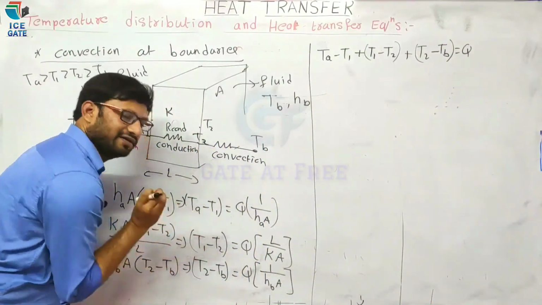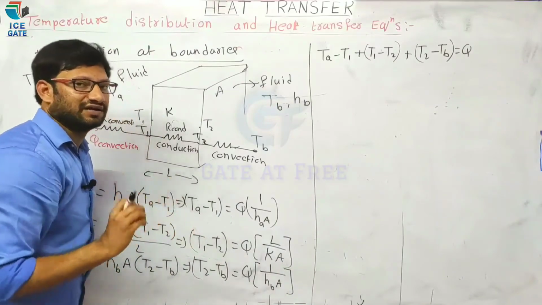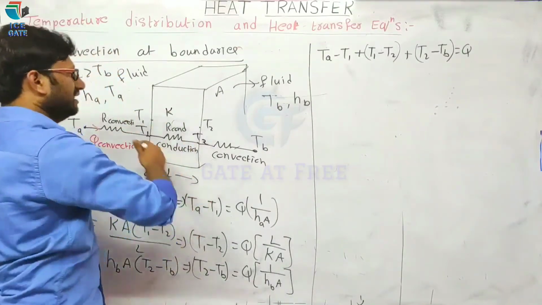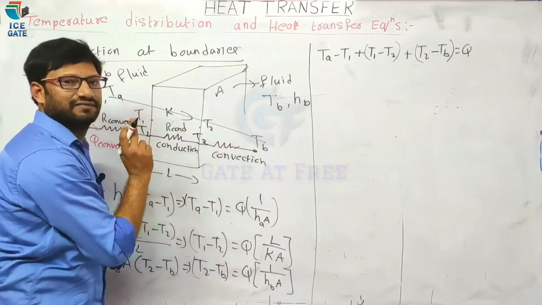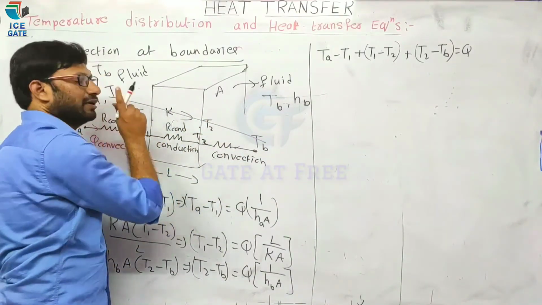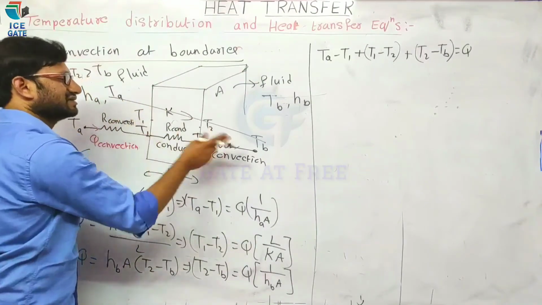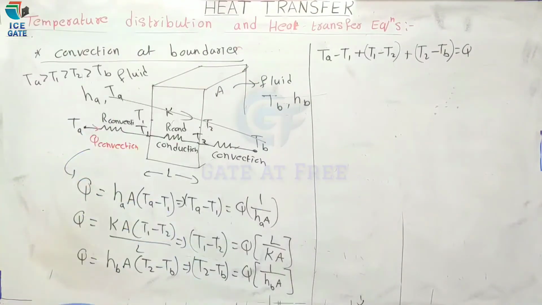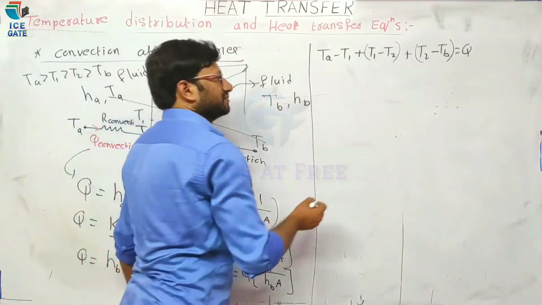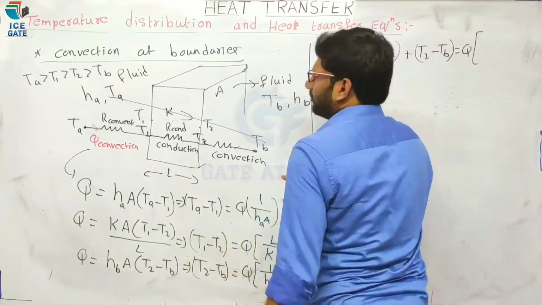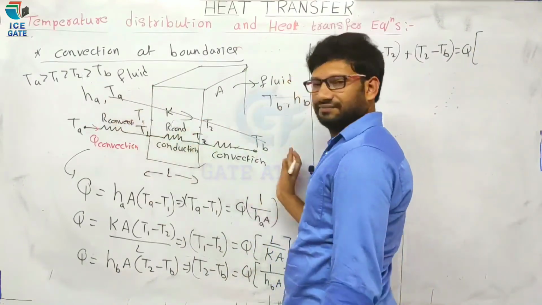What is meant by Q here? The rate of heat transfer. Heat transfer per unit time. Heat transfer for 1 second from TA to TB. We are calculating the heat transfer per second. For 1 second the rate of heat transfer is the same.